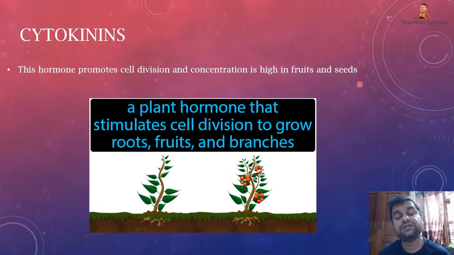Cell division promotes cell growth, and when the cell divides, there are more cells formed, more tissues formed, and more organs formed. So this hormone promotes high growth, and is mostly seen in fruits and seeds, which are part of the growth system of plants. Have a look at this plant, with some fruits growing on it.